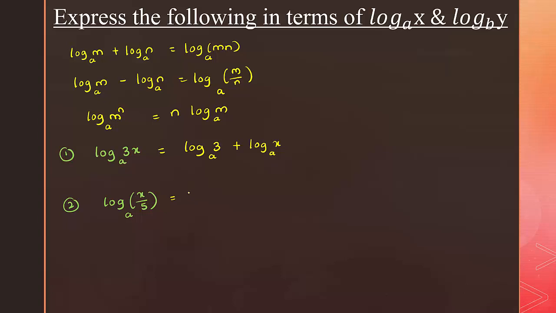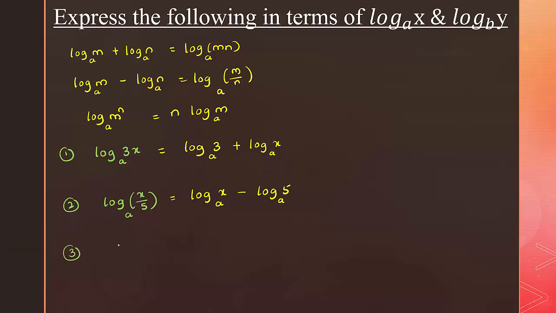So we can write it as log x to the base a minus log 5 to the base a. Remember, these two are the first two rules of logarithms, the additive identity and the subtractive identity, and these two laws hold good only when the bases are the same.